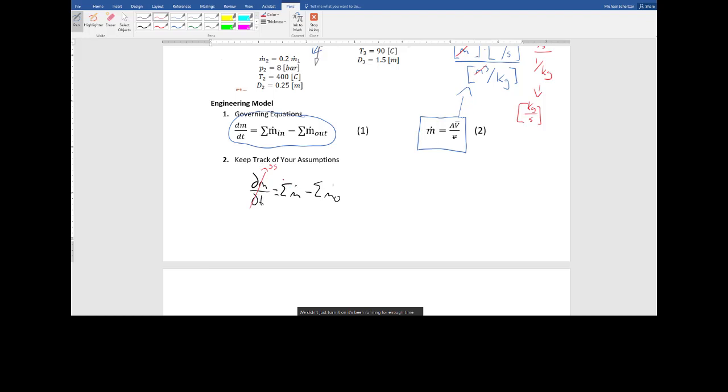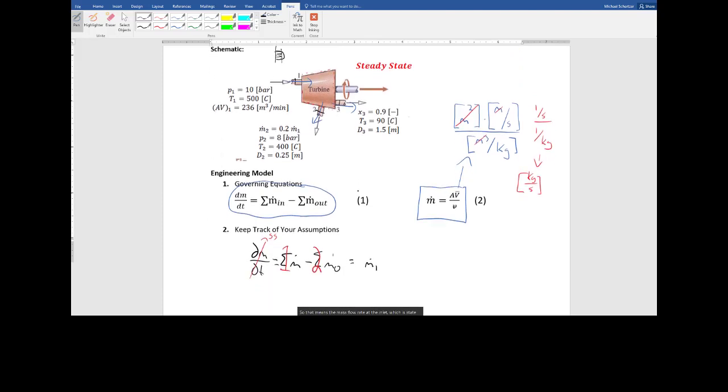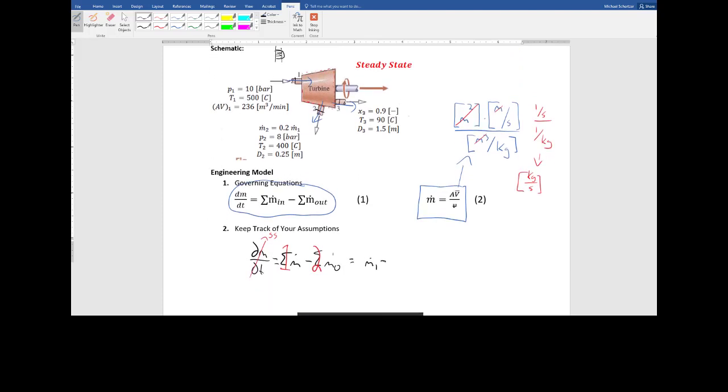In this case, we know that there's only one inlet, but there are two outlets, right? So that means that the mass flow rate at the inlet, which is state 1, has to be equal to, well, let's do it this way. It's the sum of the mass flow rates in, there's only one inlet mass flow rate, minus the sum of the mass flow rates out.